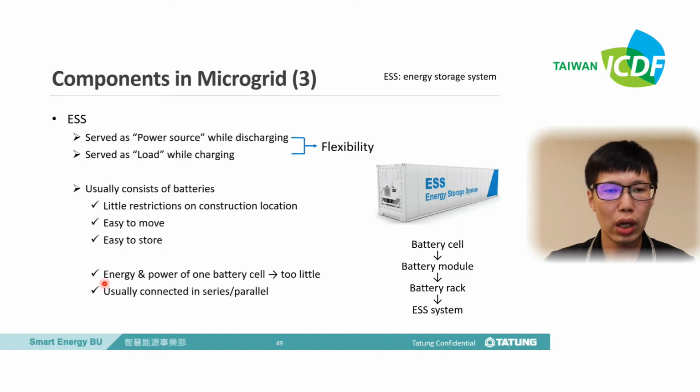But the energy and power of one battery cell is too little, so we usually connect battery cells in series or in parallel. The battery cells are connected into a module. The modules are connected together to become a rack, and the racks are connected together to become an ESS system.